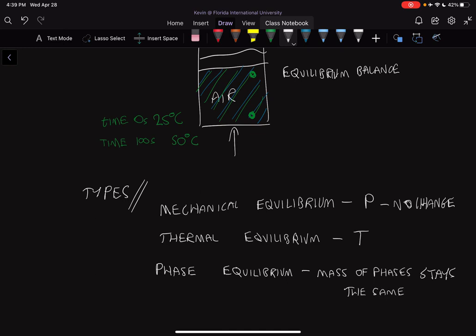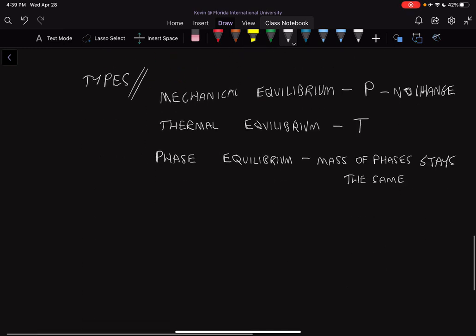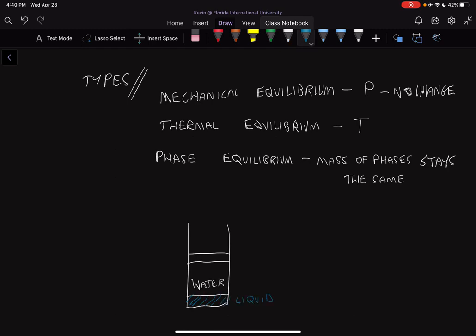So let's take an example: we have water inside a piston cylinder. Okay, we have water here. And we have 25% of the water at the bottom here, which is liquid water. And 75% of the water, in green, is gas. Sorry, I should have put that in green.